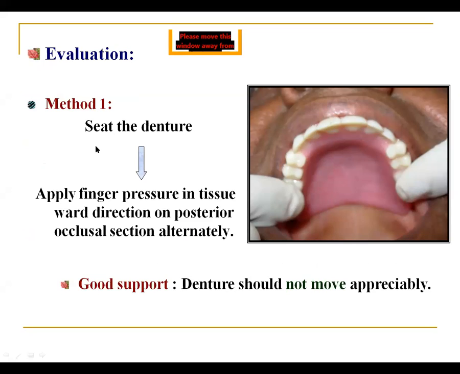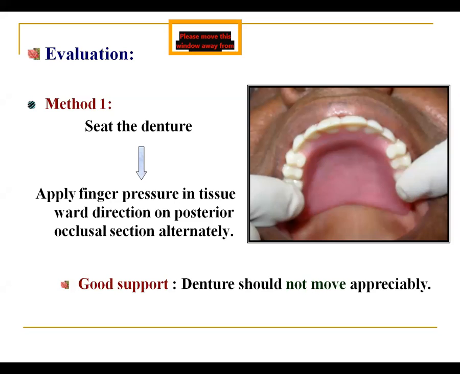How will I know that my denture has good support? Just insert the denture in the patient's mouth and apply finger pressure in the tissue direction, towards the foundation area. I apply pressure with my index finger on the posterior occlusal section, alternately, once towards right, again towards left.